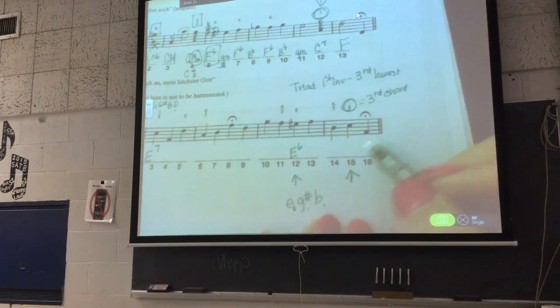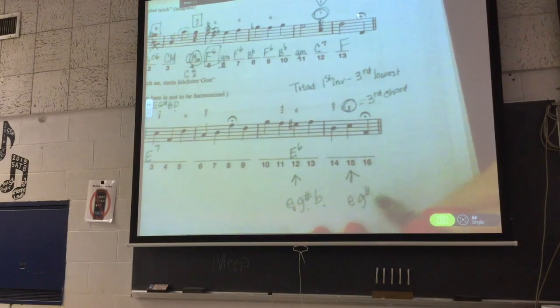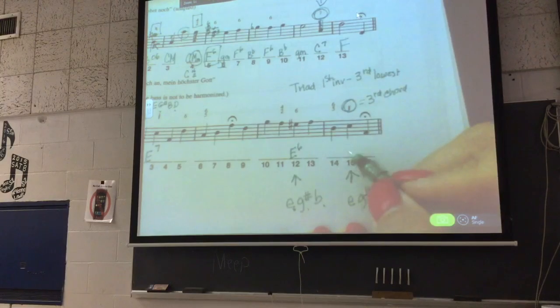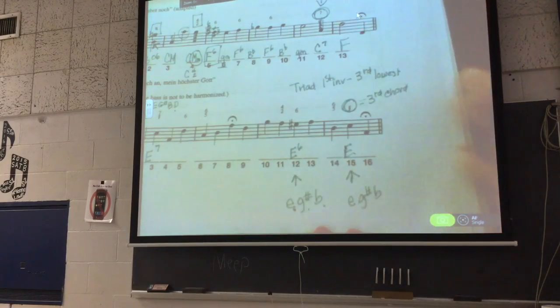There's no figured bass other than the raised third. So this must be E, G sharp, B, because here's the E, and that's going to be the root. Therefore, once again, I have E major, but I just put a capital E. I don't have to put any numbers beside it because it is in root position.